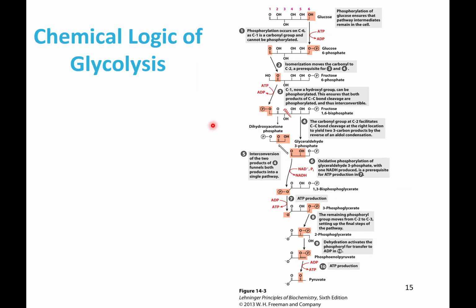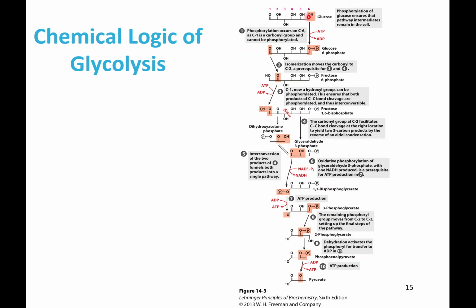Here's yet another figure for glycolysis. I won't go through this one a lot, but this is what the book describes as the chemical logic of glycolysis. And this one is helpful because it shows you the numbers of carbons.